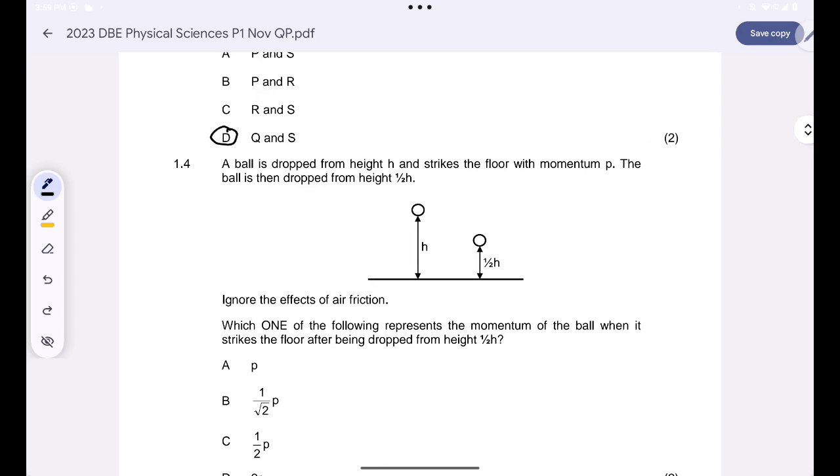Okay, and then I'm told that a ball is dropped from height h. It strikes the floor with momentum p. The ball is then dropped from the height of 1/2h. Ignore the effects of friction. Which one of the following represents the momentum of the ball when it strikes the floor after being dropped from height of 1/2h?